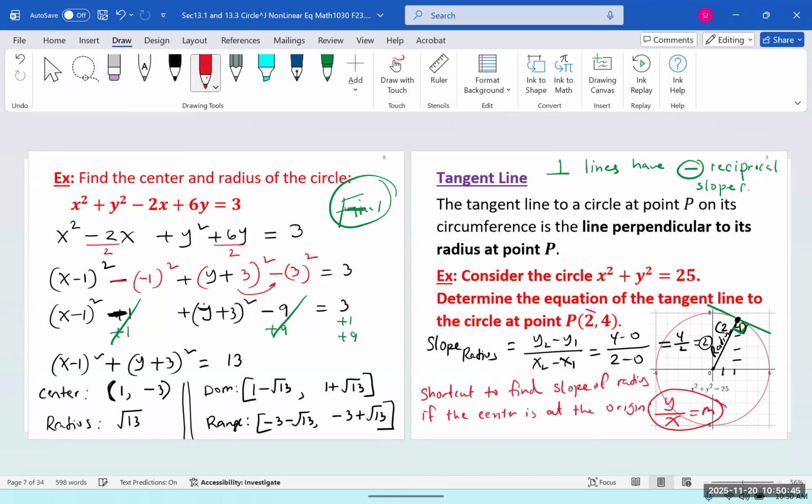So this is your x, this is your y. All you have to do is y over x. That's the slope of the radius.